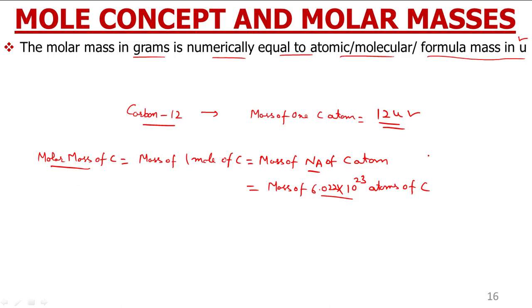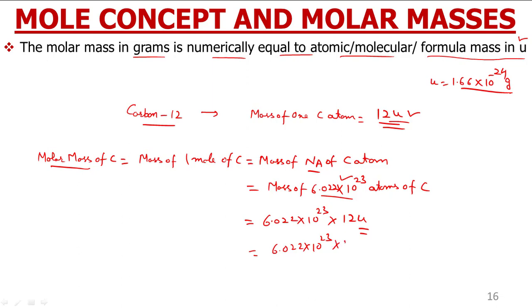Now the mass of one atom is 12 U. So the molar mass is equal to 6.022 into 10 raised to power 23 into 12 U, where U is, like I said, 1.66 into 10 raised to power minus 24 gram. Now putting the value of U, we have 6.022 into 10 raised to power 23 into 12 into 1.66 into 10 raised to power minus 24 gram.